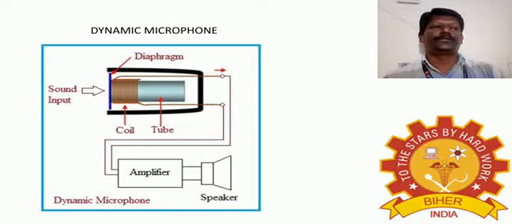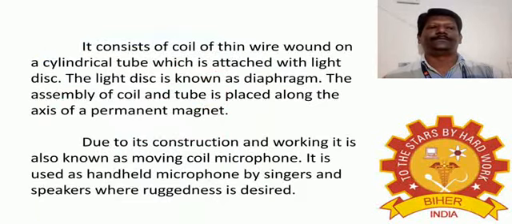Speaker is used to convert electrical sound signal into acoustic energy or sound signal. It consists of coil of thin wire wound on a cylindrical tube which is attached with light disc.